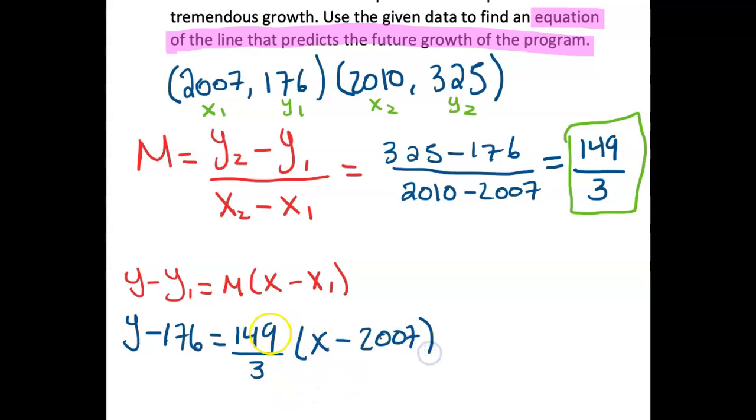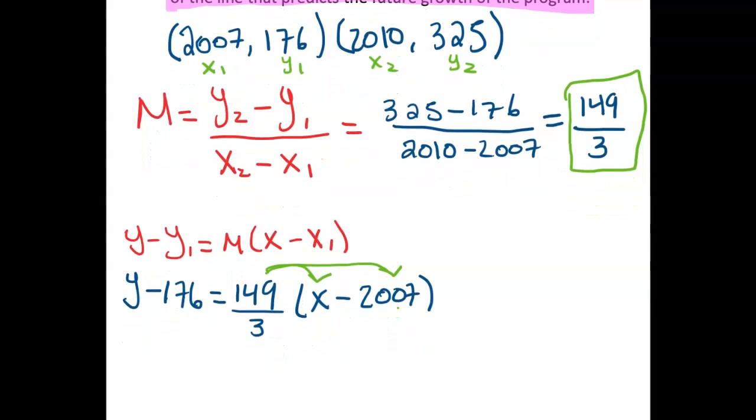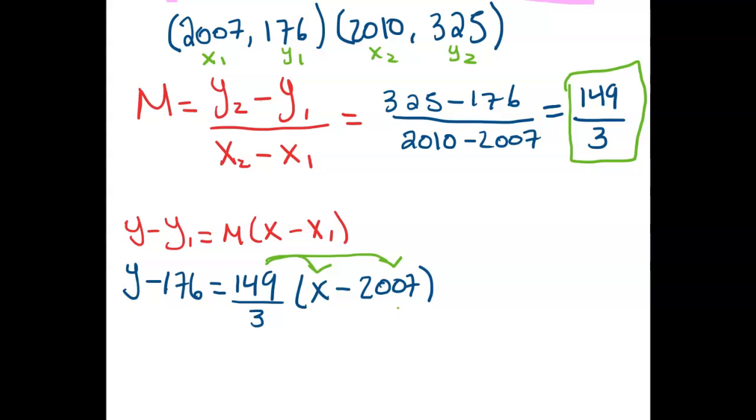I need to solve for y, so I'm going to go ahead and distribute this right here. Remember when you are multiplying fractions, just multiply the top times the top and the bottom times the bottom. Put this over 1 here to help me. This gives me 149x over 3.